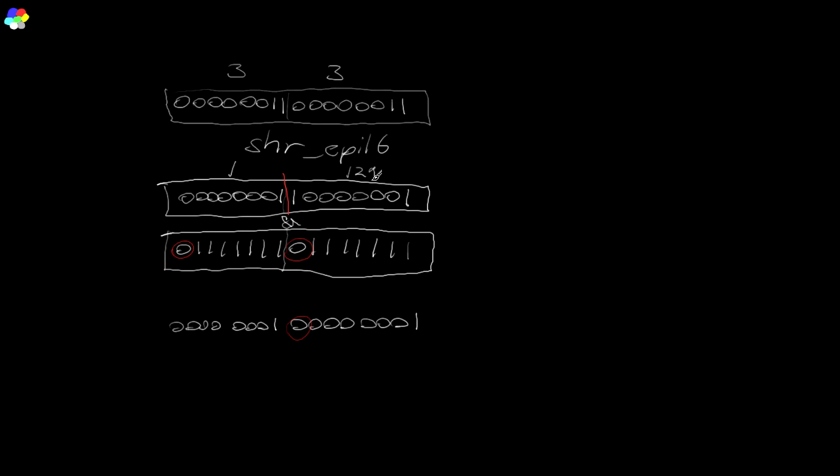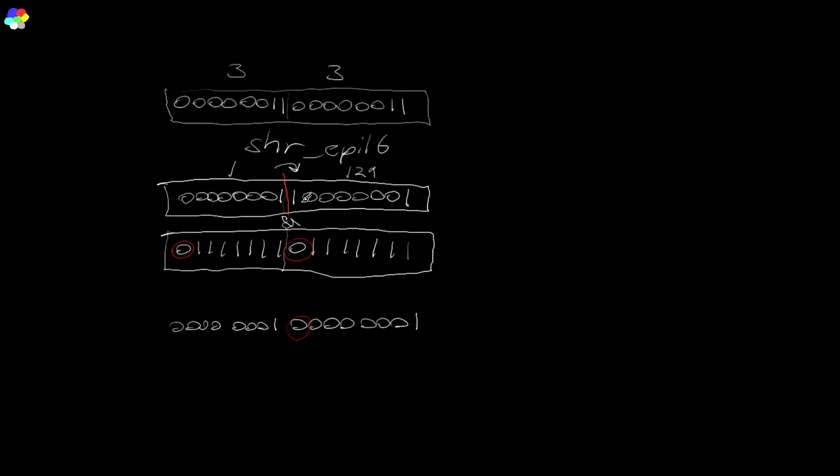Now the good news is, if we're clever, we can get around this. What we can do is, with a small little fix-up, we can shift packed bytes. Because the problem is this one bit that leaks in from the neighboring byte. We don't want this bit to leak.